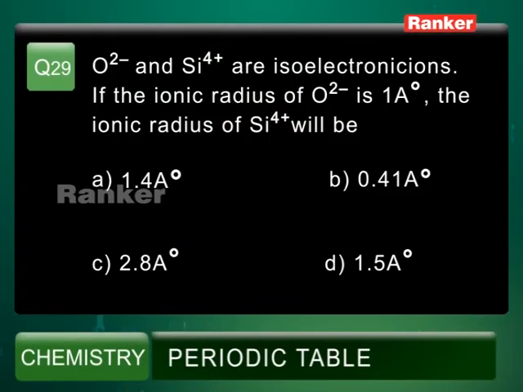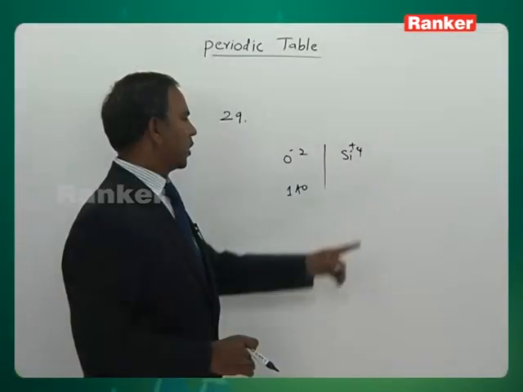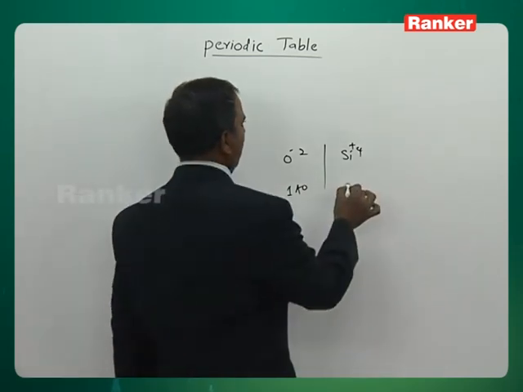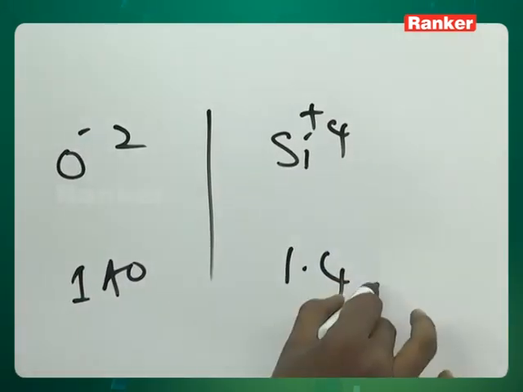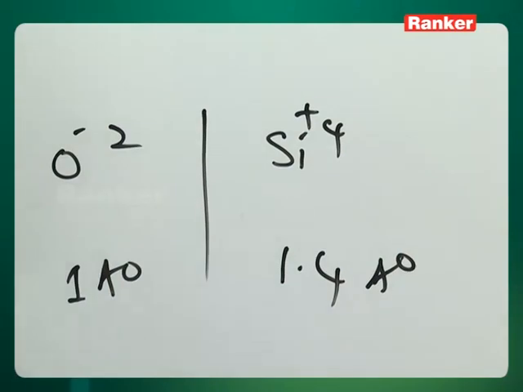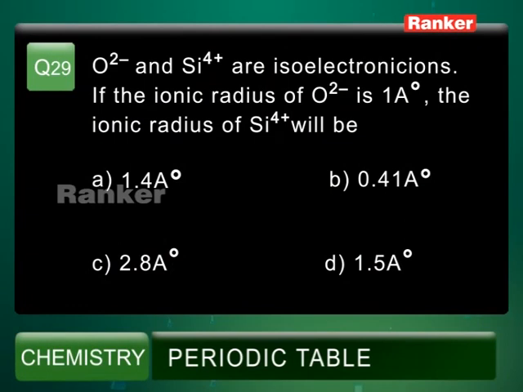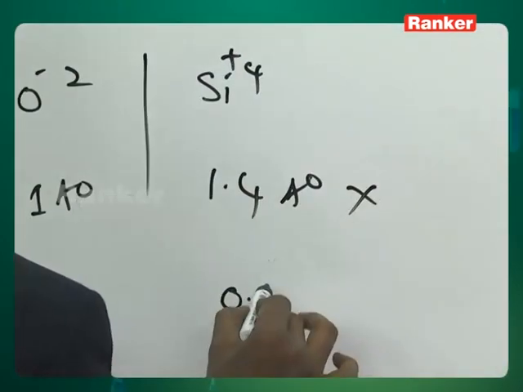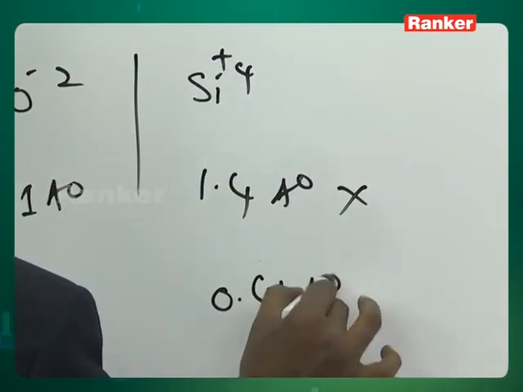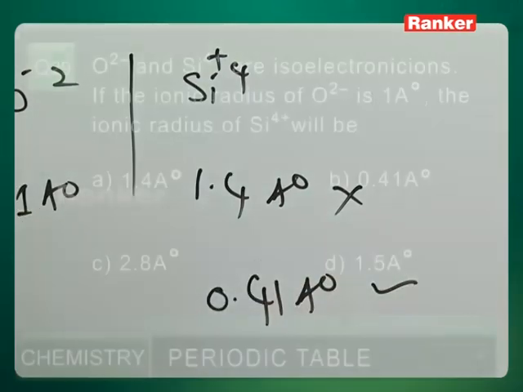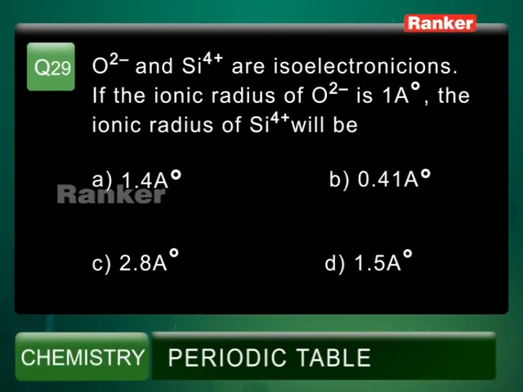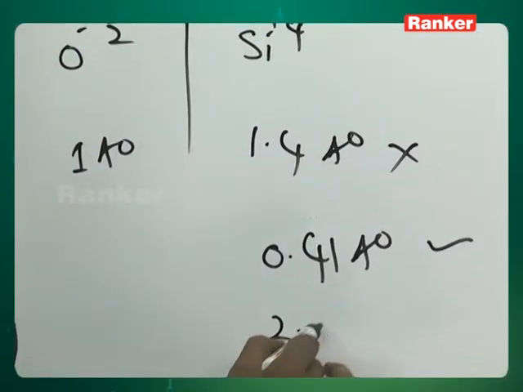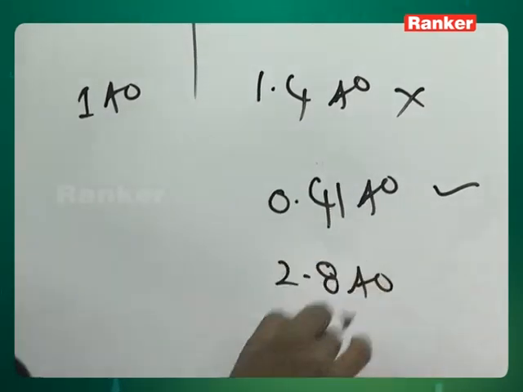Option A is given as 1.4. How can it be bigger? No, it should not be bigger than this, 1.4 angstrom. This is not correct. Coming to option B, 0.41 angstroms. It is very small in size in comparison to oxygen. Coming to option C, 2.8 angstroms.